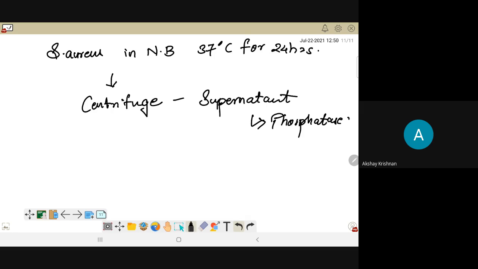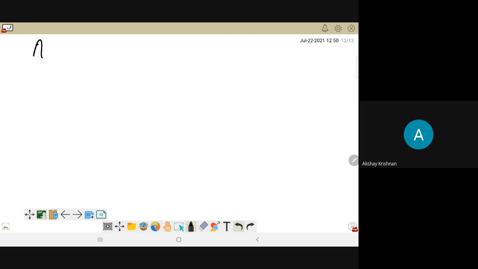Okay, now how do you run the test assay, which we call the assay proper? Assay proper is nothing but the test assay wherein you are using the enzyme and incubating it with the substrate.